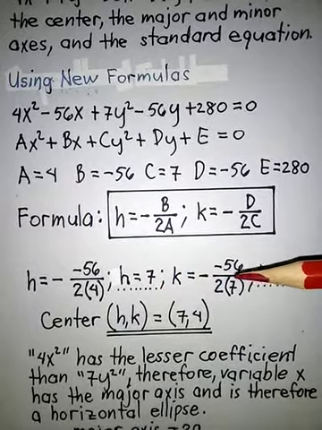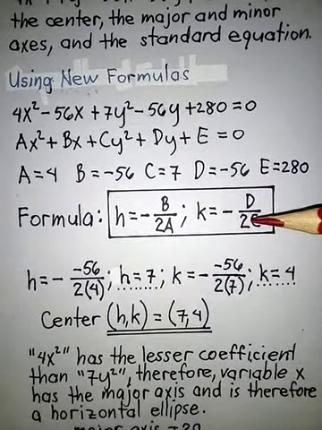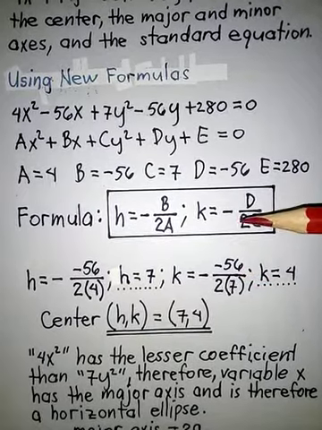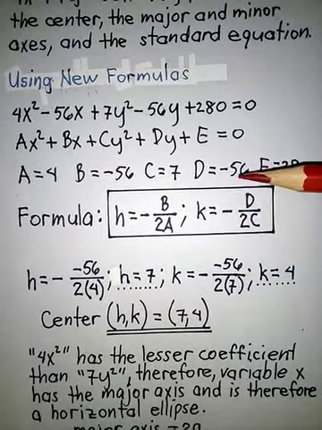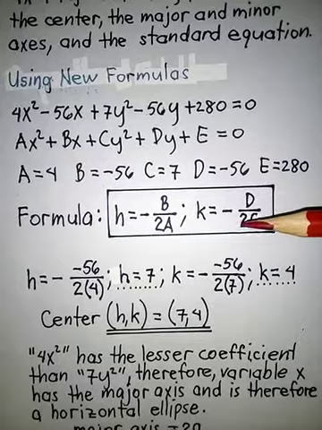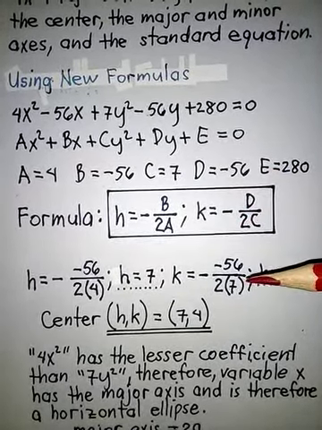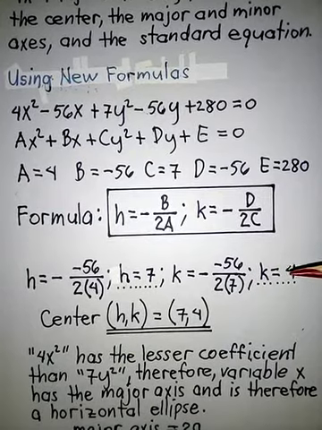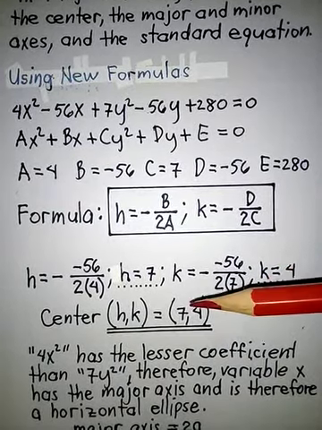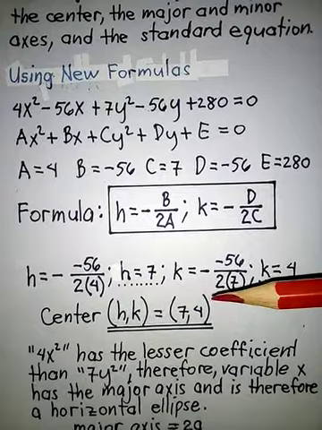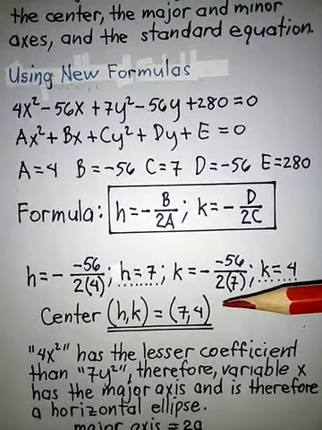For k, we have negative d over 2c: negative, our d is negative 56, the same as b, and 2c is equal to 2 times 7. So k is equal to 4. So our center (h, k) is equal to (7, 4).